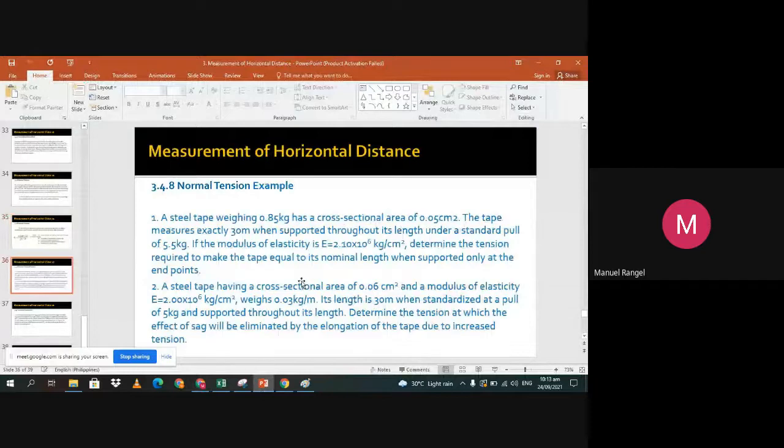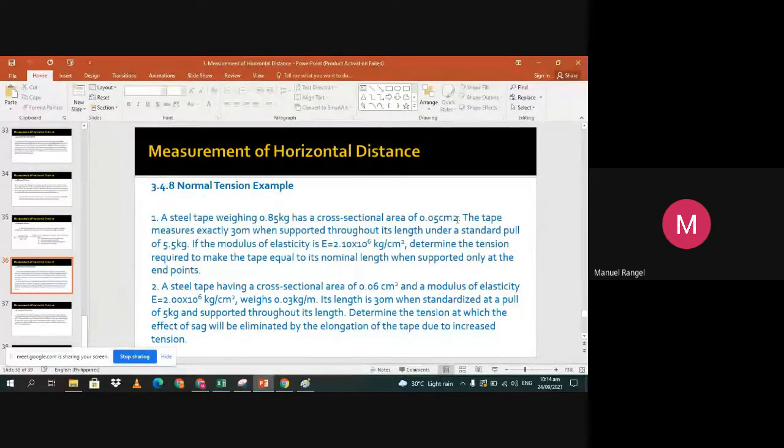Okay, so we have some example here. A steel tape weighing 0.85 kilogram has a cross-sectional area of 0.05 square centimeter.